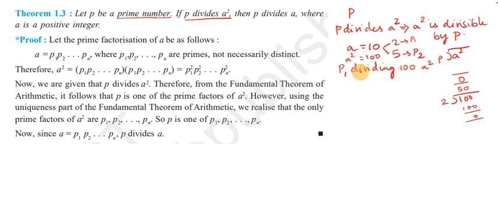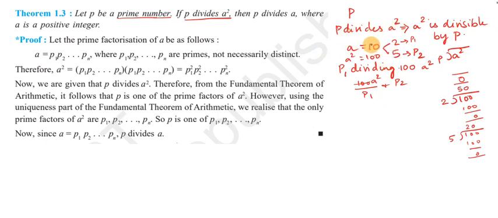The next one is P2. Let me consider P2 also. Will 100 be divided by 5 also? Yes, we can divide it by 5. You will get 20 and again the remainder is 0. So you can say that 100 is divisible by both P1 and P2. That is, a square is divisible by P1 and P2. That is what we are telling here.